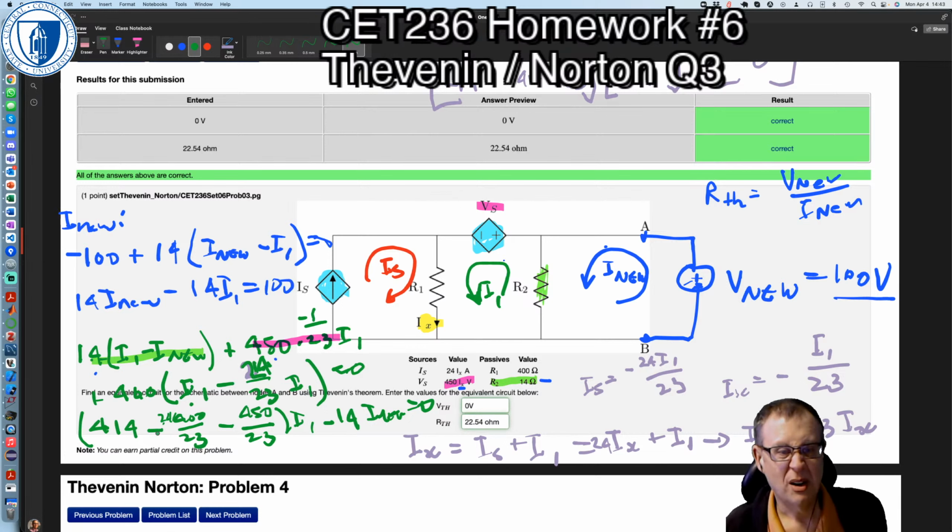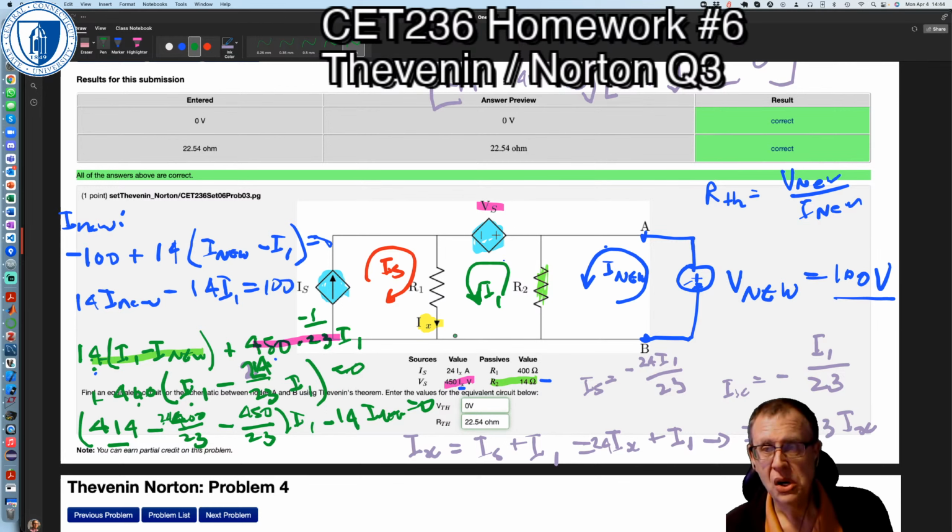So then for I1, we've got 400 I1 plus 14 I1, that gives us that. Then we've got 24 times 400 minus 24 times 400 on 23 I1, and we've got minus 450 on 23 I1, and then the only I nu component is the minus 14 I nu.